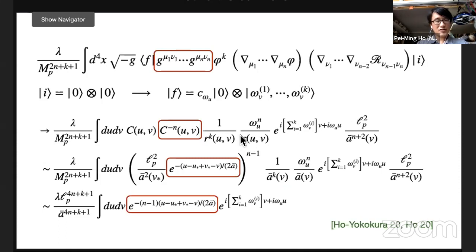So in actual calculations, maybe you still get 0 contribution when you only keep the leading order approximation. You may go to the next order approximation, so you get extra positive powers of C, but you can just raise the number of derivatives to compensate it by more factors of C inverse.